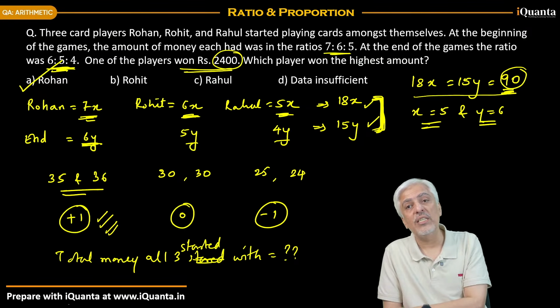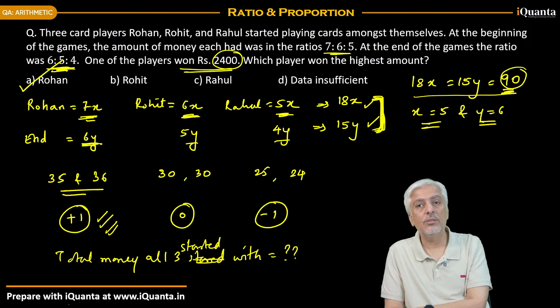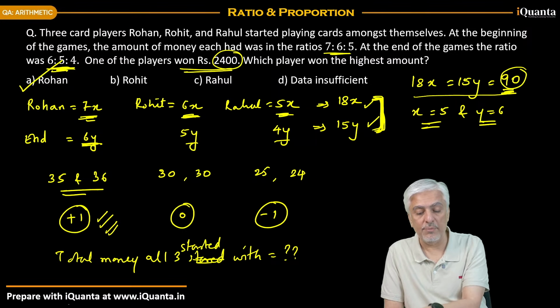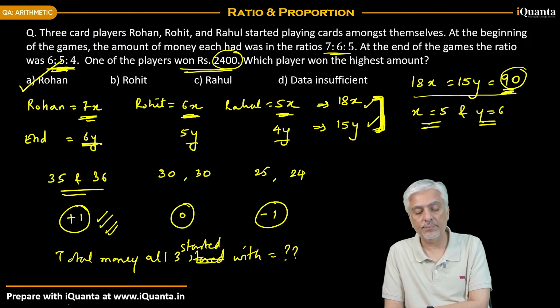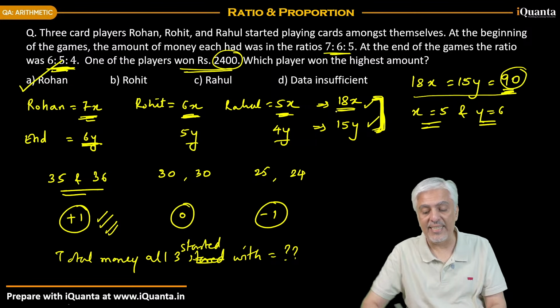But in reality, Rohan is winning how much? 2,400. In reality Rohan is winning 2,400 because one of the players won 2,400. Then what was the total amount they started with? Total amount is 18x.